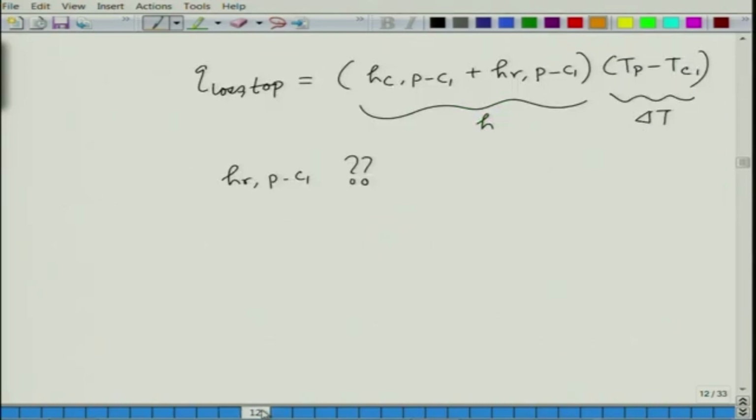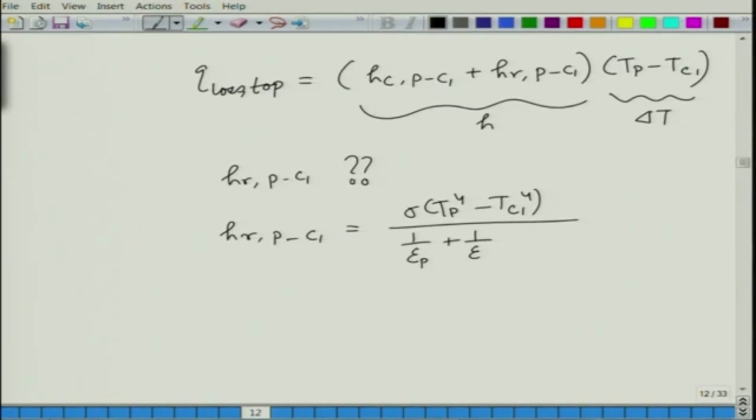So, for that we need to divide the total heat transfer by the delta T. The total heat transfer was T_p to the power 4 minus T_c1 to the power 4, divided by 1 over epsilon_p plus 1 over epsilon_c1 minus 1, right, and you divide it by T_p minus T_c1.